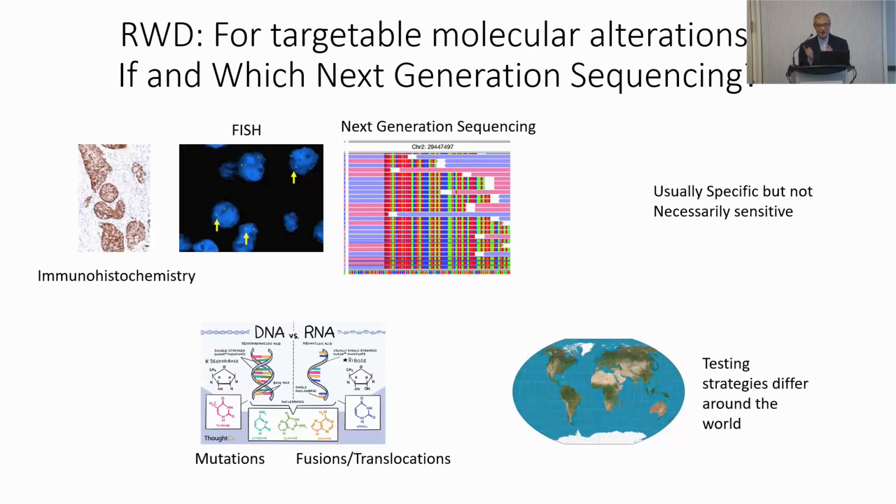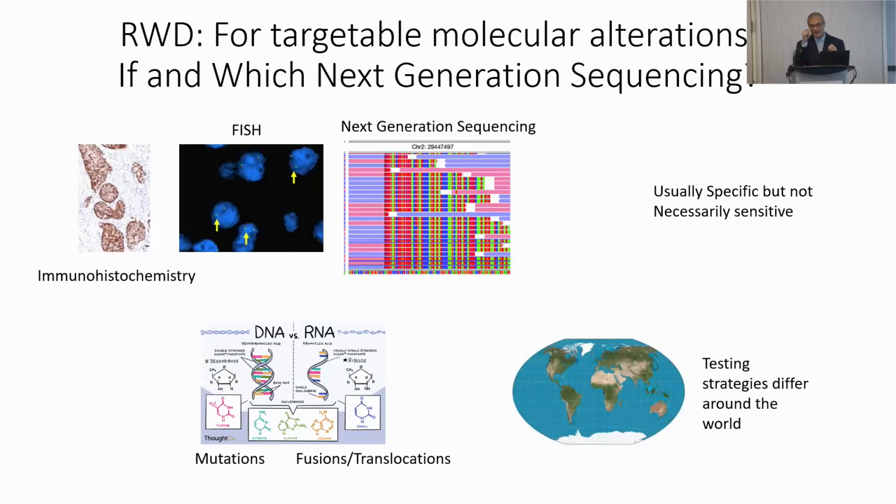What you need to realize is that not all NGS, or next generation sequencing, is the same. You could actually run an entire NGS panel and miss the one gene that you're interested in. All right, because each platform is different. So you have to collect information about the platform and the version of that platform. So in other words, Oncomine Comprehensive Assay 3.0 is very different than Oncomine Comprehensive Assay 2.0, for instance, as one example.